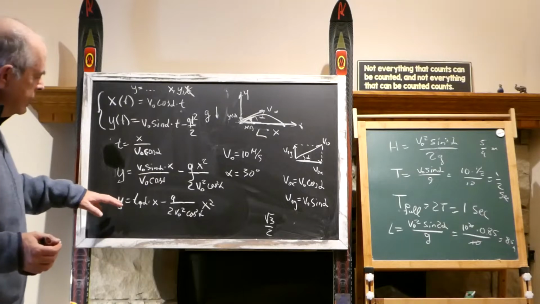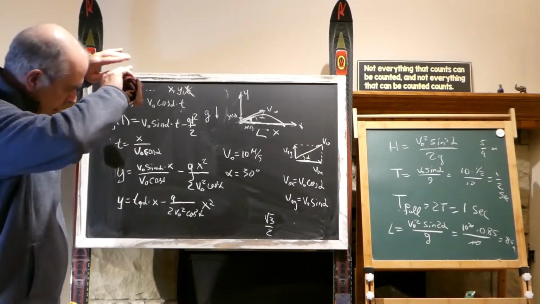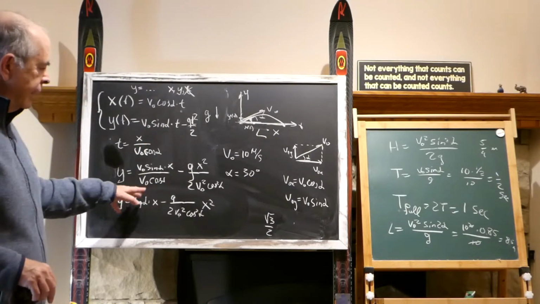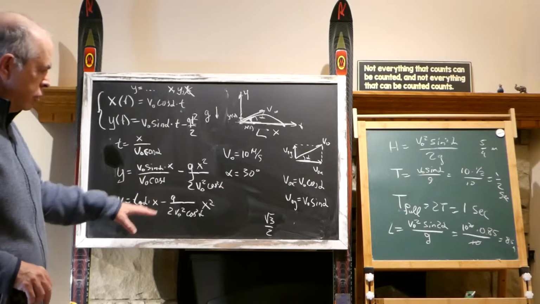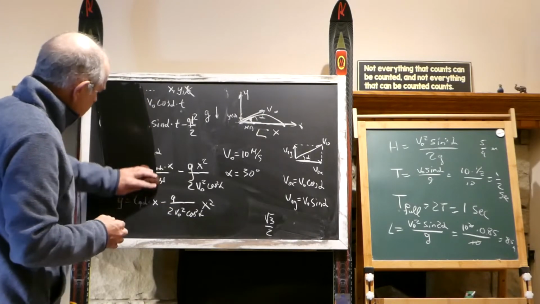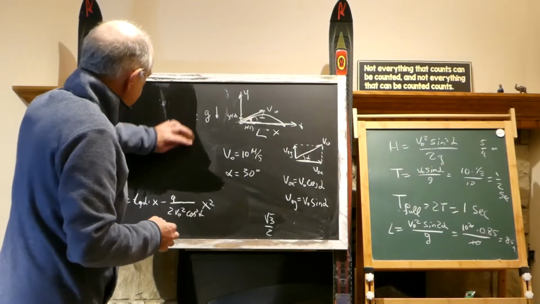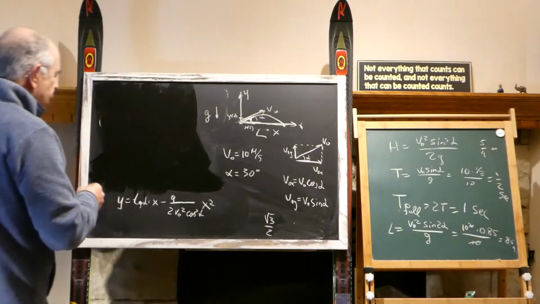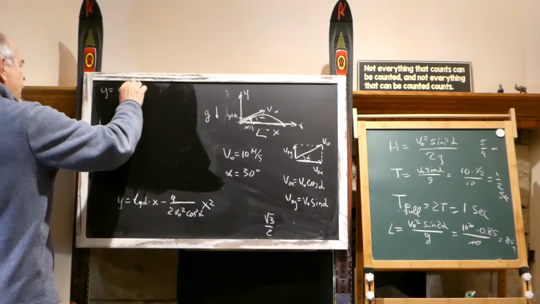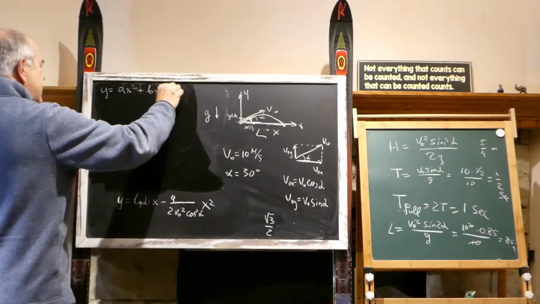So this is a parabola. The branches of the parabola are directed down because this is minus. And also we can easily find the roots of this parabola. But let me repeat this: I will remove this, and I will start writing here, and I say y equals ax squared plus bx plus c.